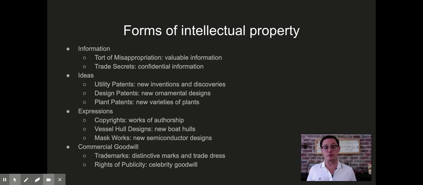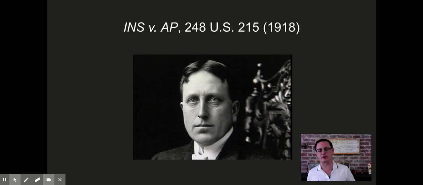And the tort of misappropriation, as well as the related tort of the misappropriation of trade secrets, are really great examples of that. So we'll be talking about those in this first segment of the class over the course of the next several sessions. Okay. Well, the tort of misappropriation, or as it has come to be known, the hot news doctrine, found its first and most canonical articulation in the 1918 Supreme Court case, INS, or International News Service v.